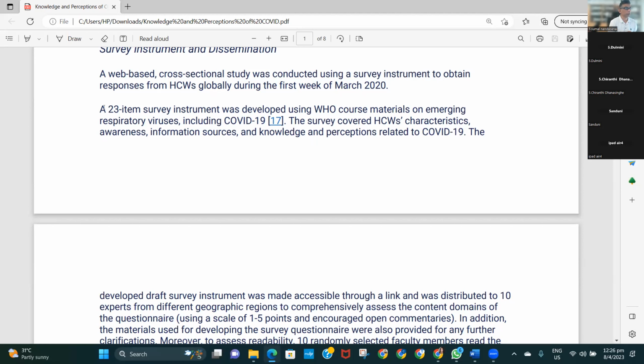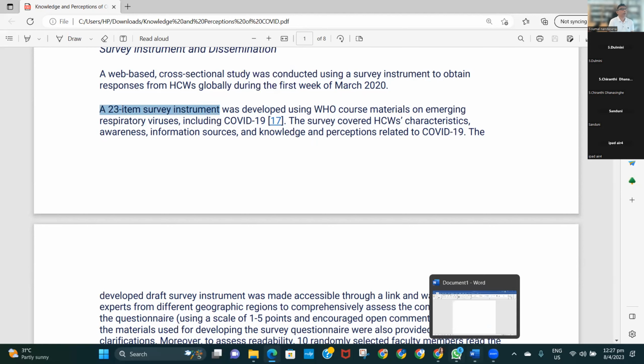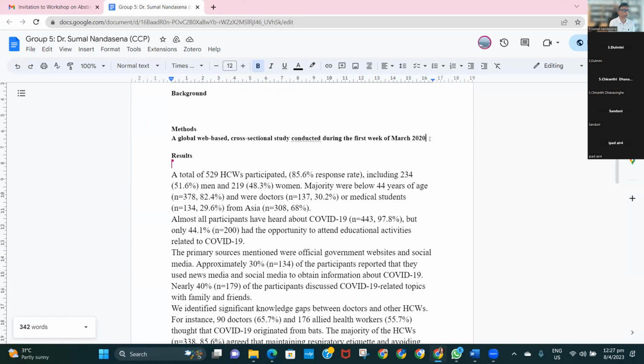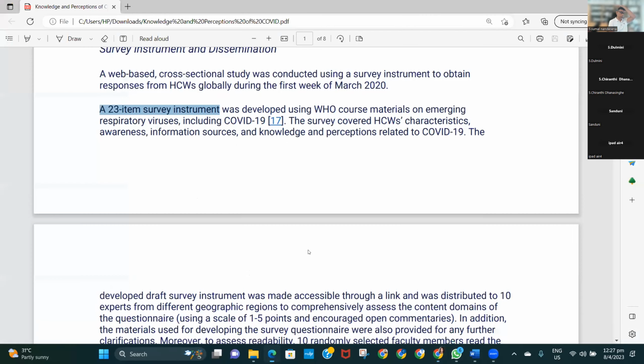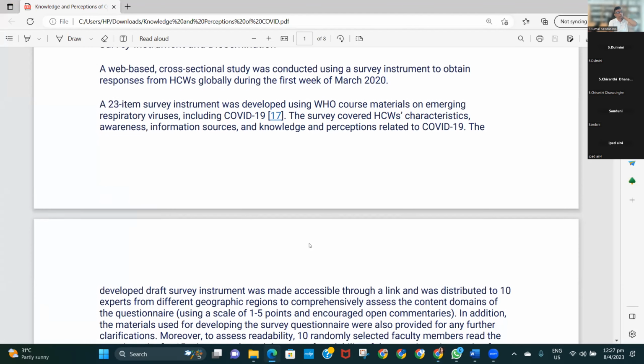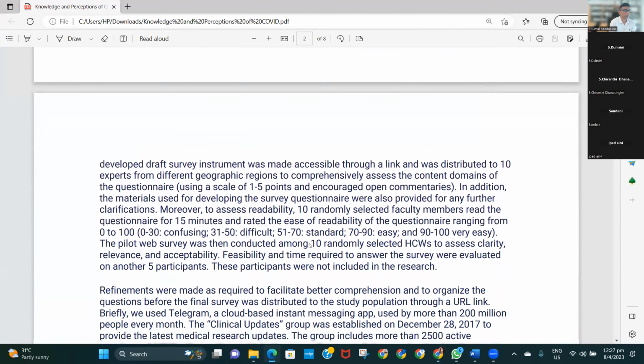So the survey instrument. Okay. Now we said a little bit about the instrument as well. Now we have to say a little bit about the analysis method that they have used.